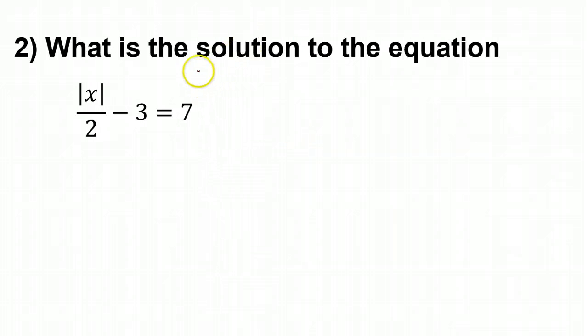It says, what is the solution to this equation? All right, so we went over absolute value. We want to get the absolute value by itself before we do anything else. So again, I'm going to draw my line. Okay, and I'm going to get rid of first what's being added or subtracted.